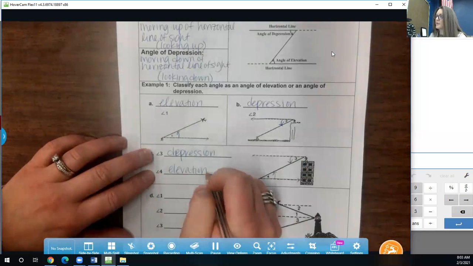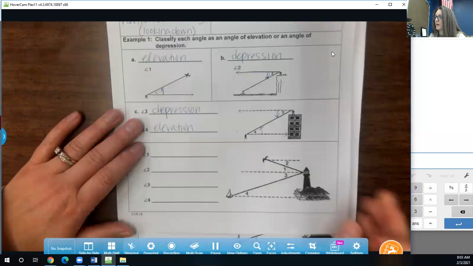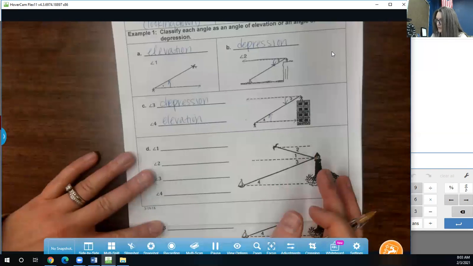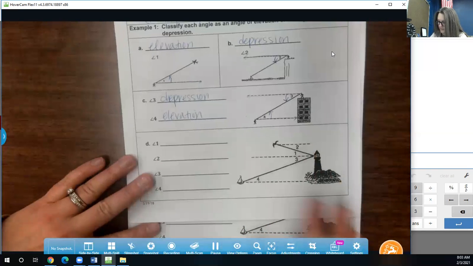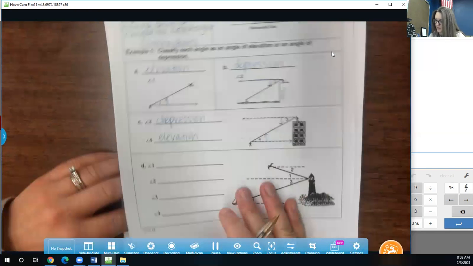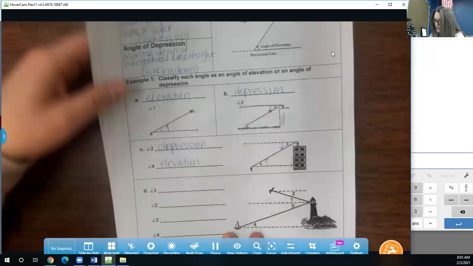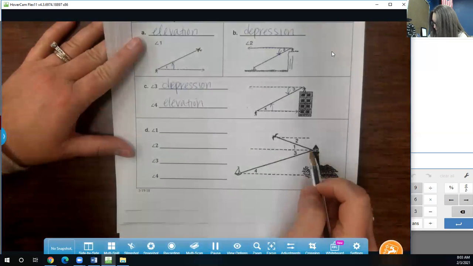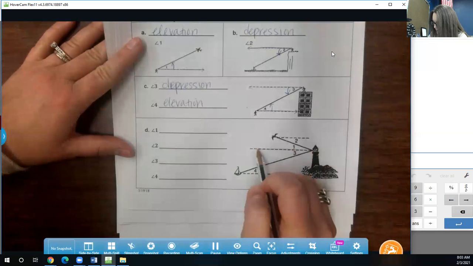So this is important to know when we're thinking about trig functions, right? Because we're gonna have some word problems that describe some of these things. Okay, so let's try letter D. This is thinking about the lighthouse. This isn't actually a person, but that's okay. Here's the horizontal line of sight.